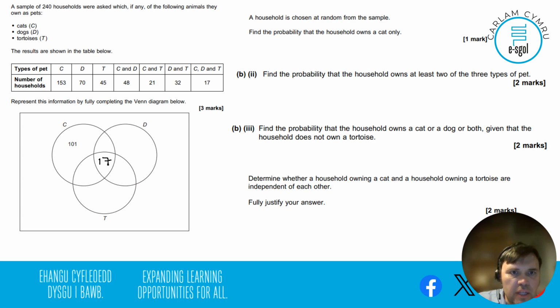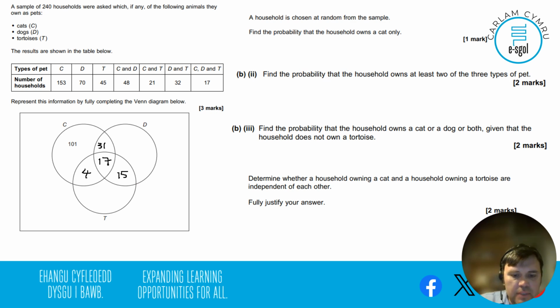Cats and dogs are 48, so 48 minus the 17, because they have been taken care of, is going to give us 31. And then cats and tortoises, 21 minus the 17 is going to give you 4. And then again, you do the same with dogs and tortoises, 32 minus the 17 is going to give you 15. And tortoises in total is 45.